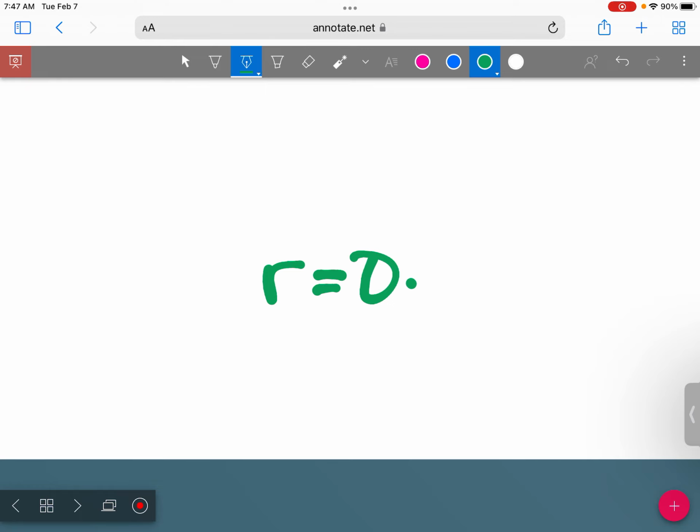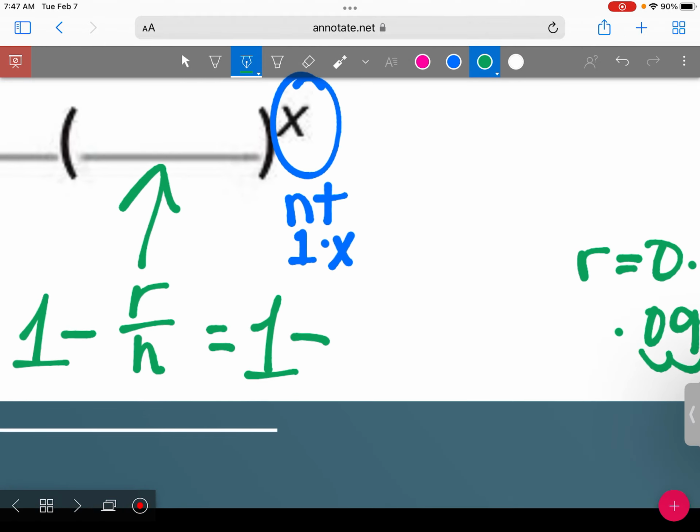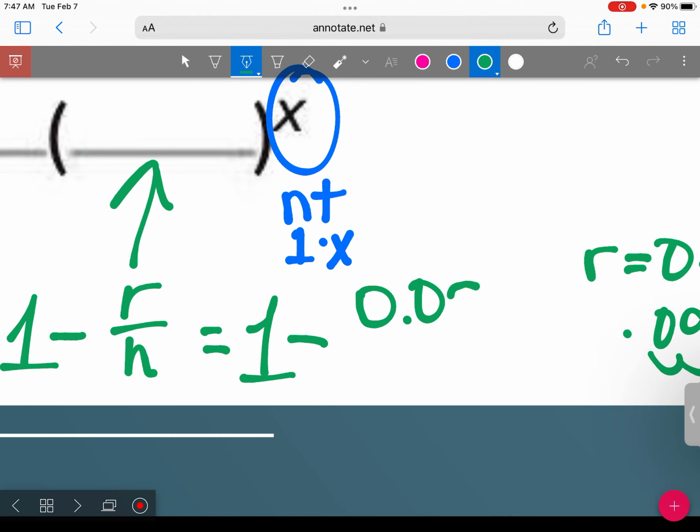So what do we know our R is again? 0.09, because it was originally 9%, if we go over to decimals. So 0.09 over what? What is our N? 1. Right?